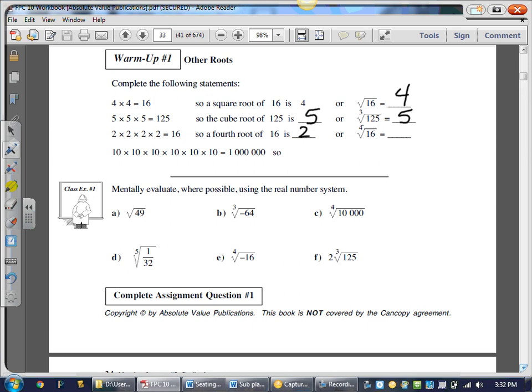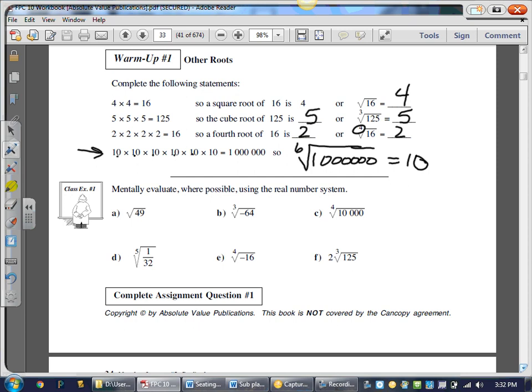When you see the little 4 index up here, that means the 4th root of 16 is 2. If you see 10 times 10 times 10 times 10, all those 10s, is a million, then since there are 1, 2, 3, 4, 5, 6 of them, we're going to have the 6th root of 1 million is 10.